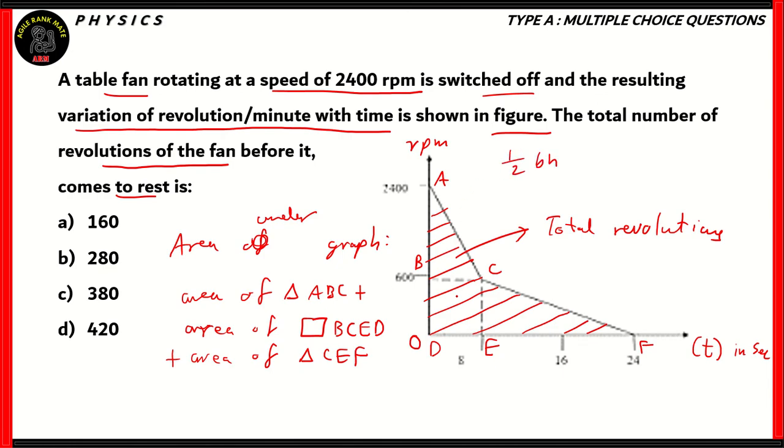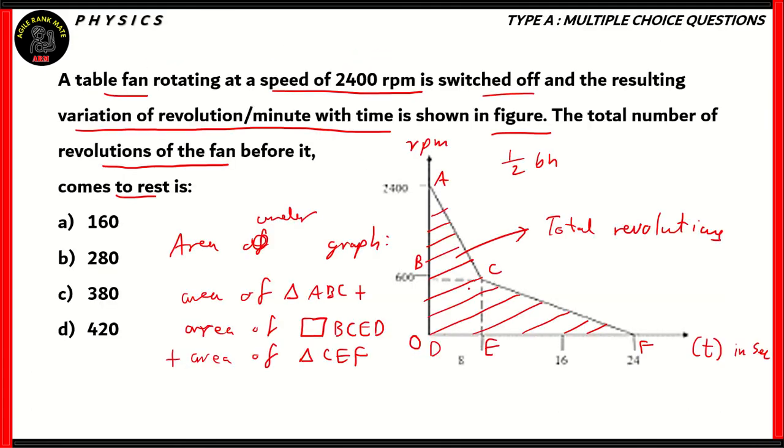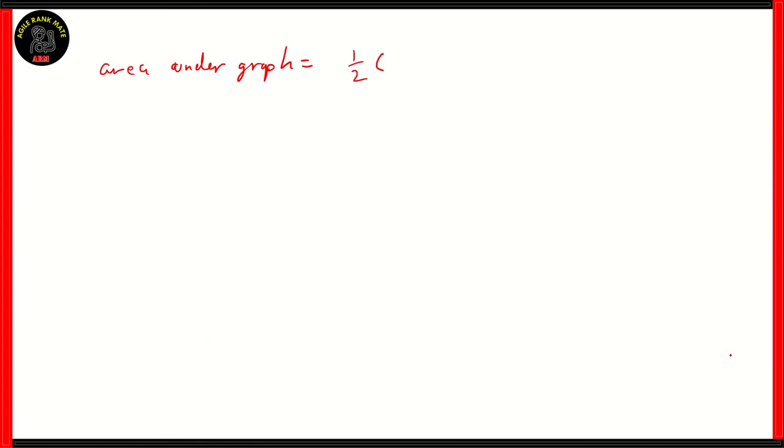Now over here the base is BC, which is 8 from 0. So the quantity here is from 0 to 8. So 8 minus 0 is still 8. Now remember that 8 is the time given in seconds.